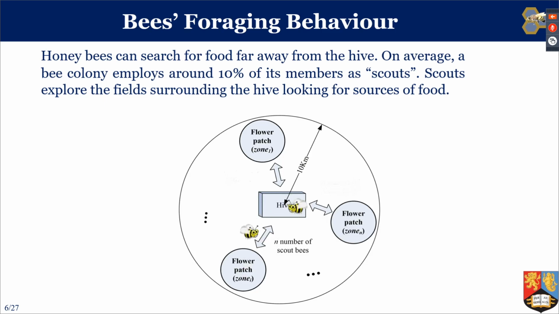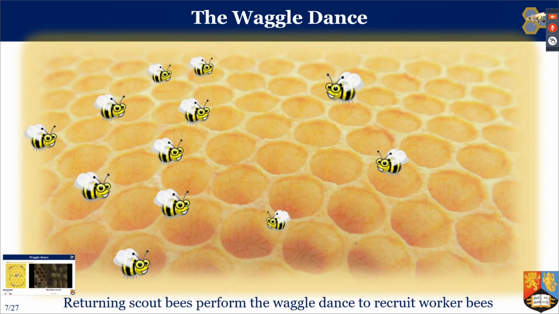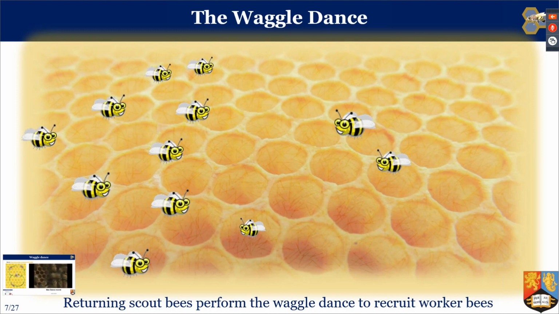When they have found an interesting food source, they return to the hive to recruit more bees to follow them and gather food and bring it back. To recruit additional bees, the scouts perform a dance. The other bees in the hive observe the dance and then decide which scout to follow.